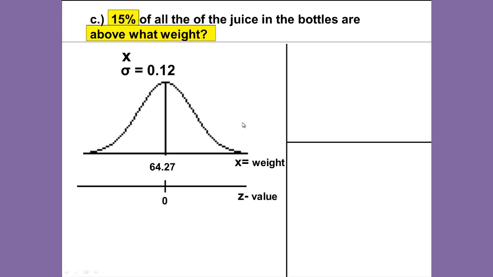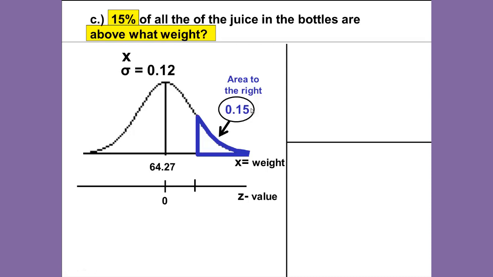This one says 15% of all the juice in the bottles are above what weight? So we have 15%, and we want to shade 15%. Remember, 15% is going to be less than half, and it will be above or greater than. So that will be shaded to the right, 15%.